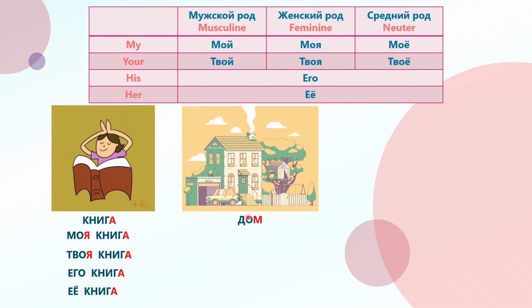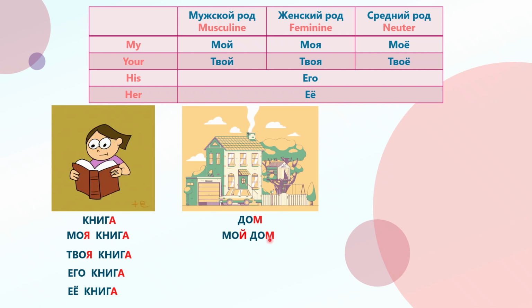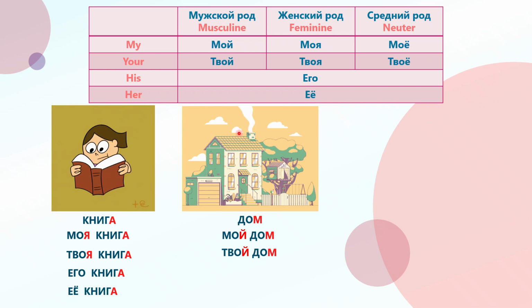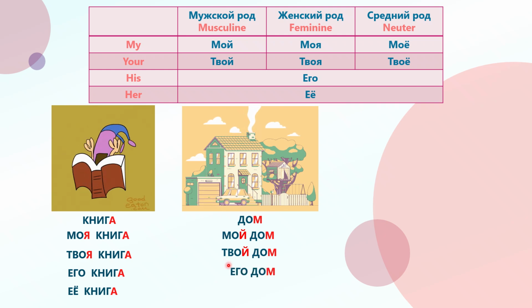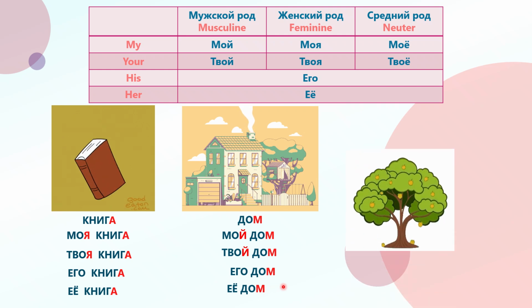So next noun, дом, ends with м, consonant, masculine gender. We should use мой, твой. For example, мой дом, my house. Твой дом, your house. Его дом, his house. Её дом, her house.